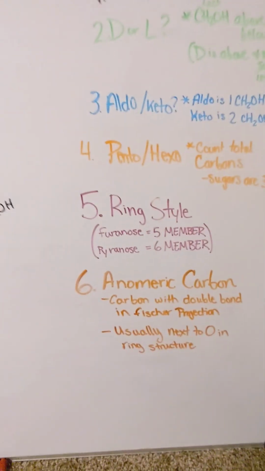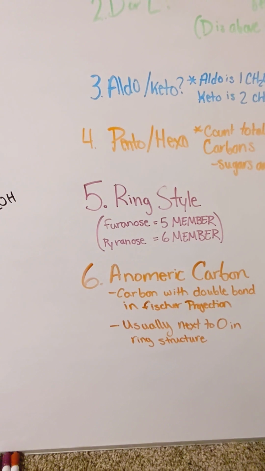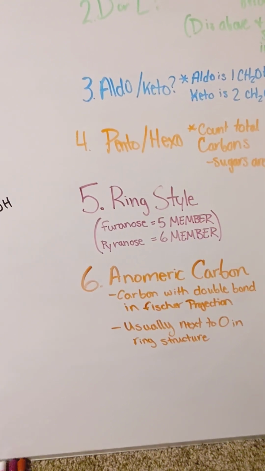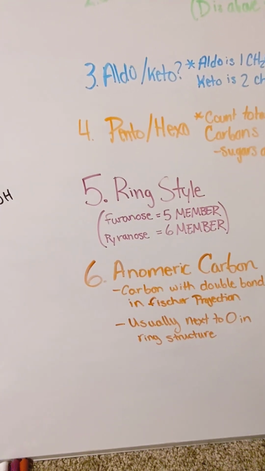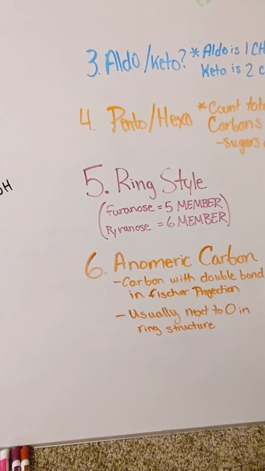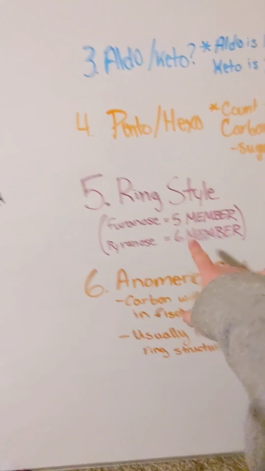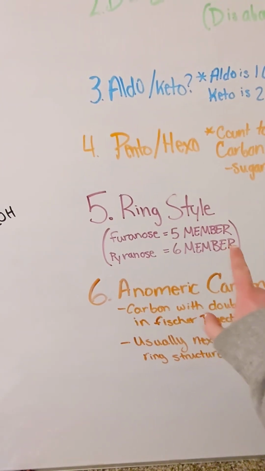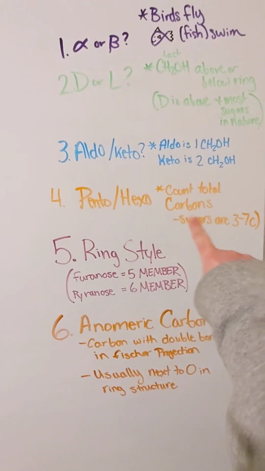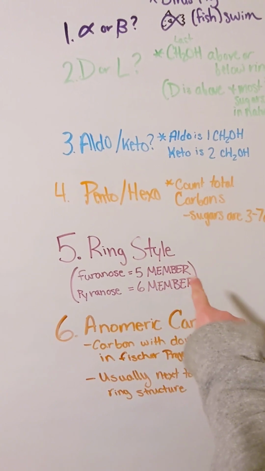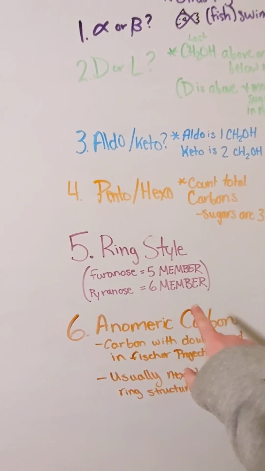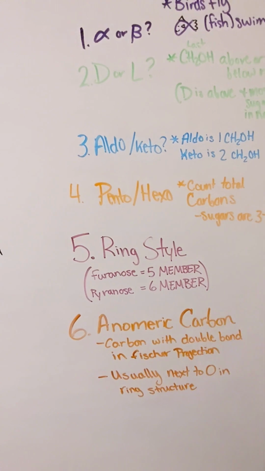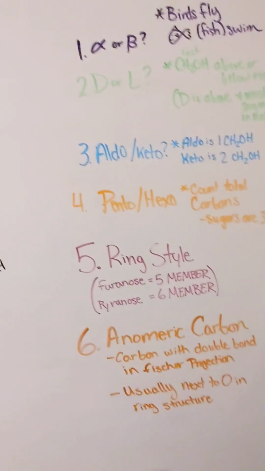Our next step is determining the ring style. This is where you get into furanose versus pyranose and where things get confusing. The biggest thing to know is that furanose is a 5-membered ring. It does not mean 5 carbons total like it does up here. It means 5 members in the ring. Pyranose is 6 members in the ring. Again, this is different than hexose.